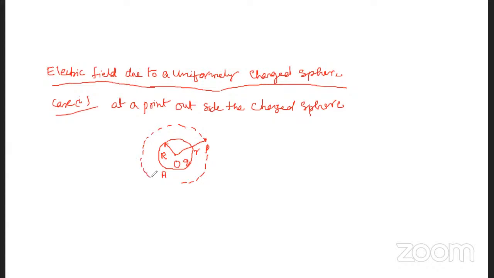This constructed Gaussian surface is located outside the sphere, at the point P. Here we take a small surface area at a distance of small r from the center of the sphere.